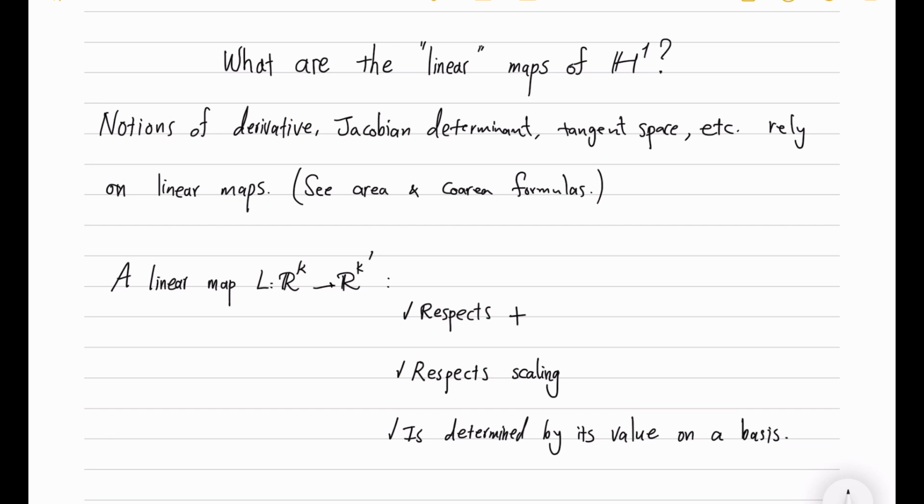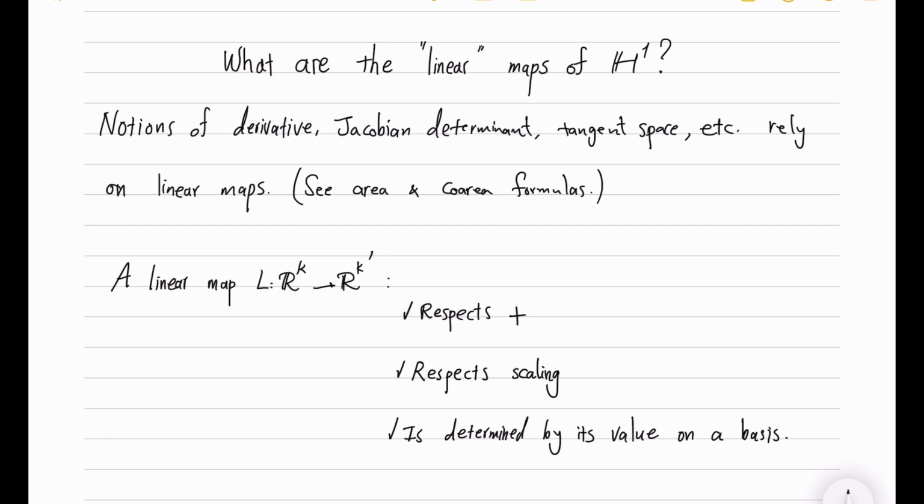H1. In this lecture, we want to see what deserves to be called linear maps of the Heisenberg group. First of all, I must emphasize that linear maps are the backbone of analysis and calculus. The very definition of derivative relies on the possibility that locally a function resembles a linear map, and that linear map becomes its derivative.